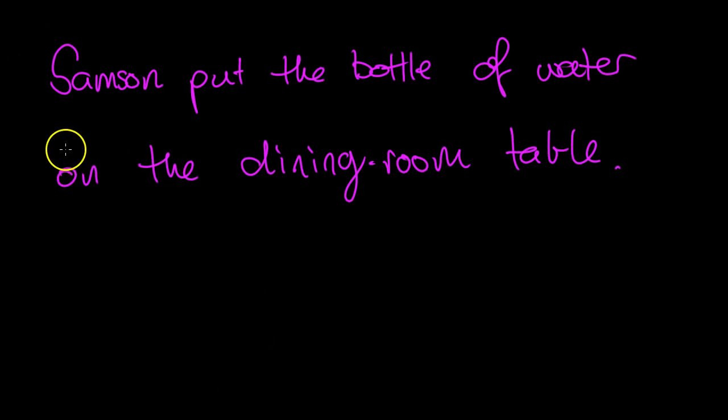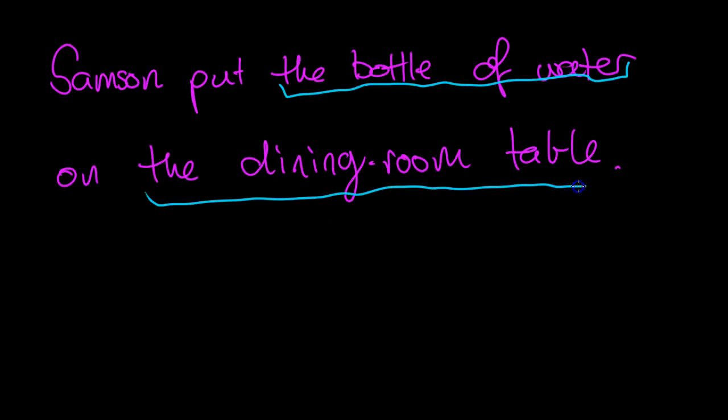Here's another example. Samson put the bottle of water on the dining room table. In this sentence, there are 2 noun groups. Pause the video and see if you can find both of them. I hope you found that the first noun group is the bottle of water, and the second noun group is the dining room table.